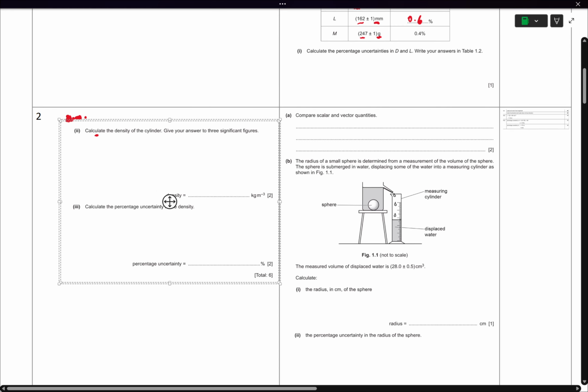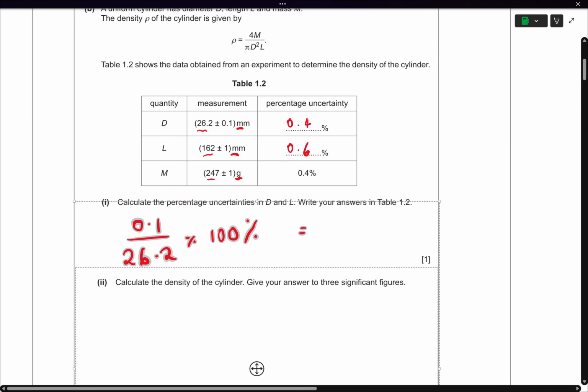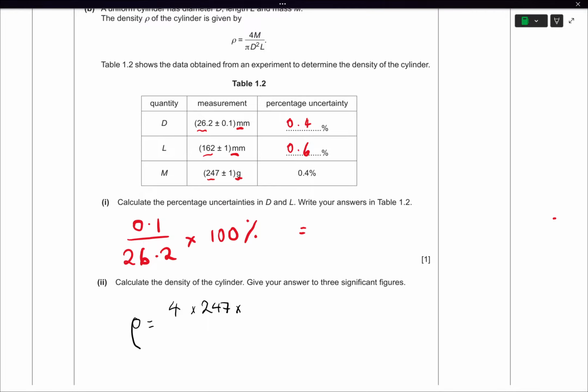So when we write it down, we should say ρ is equal to 4 times the mass, so that's 247 times 10 to the minus 3 if we want it in kilograms, divided by pi times d squared, so d is 26.2 times 10 to the minus 3 meters squared, times L, which is 162 times 10 to the minus 3.